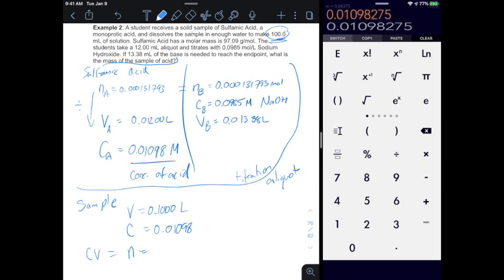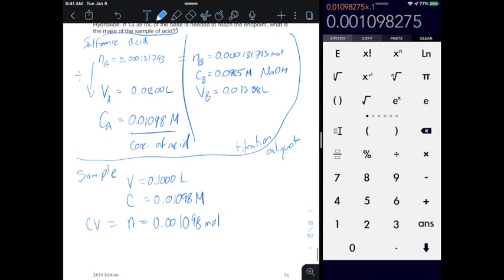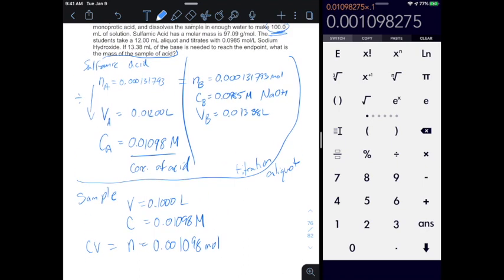So I'm going to take this answer here, multiply that by that volume, 0.1. So that means that I have 0.001098 moles.